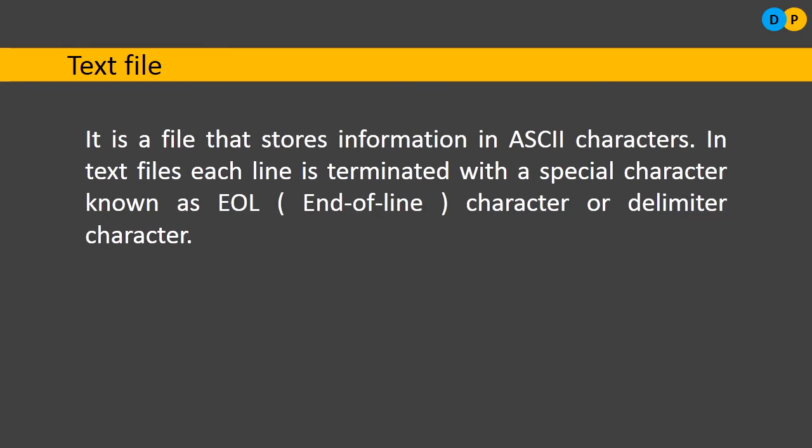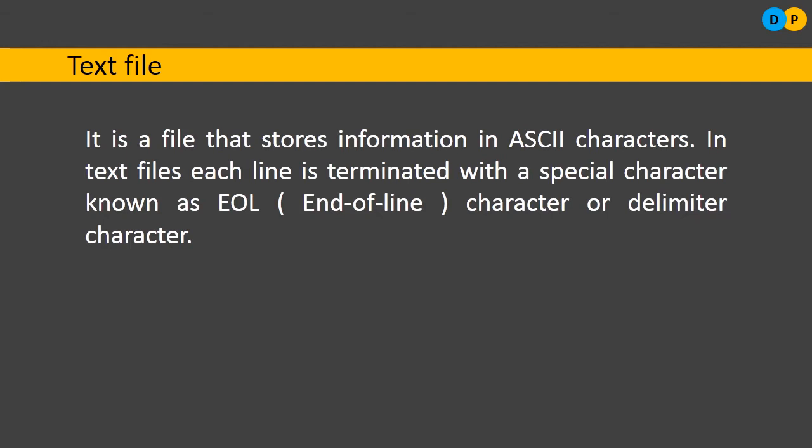So what is a text file? It is a file that stores information in ASCII characters first of all, and here in the text file each line is terminated by an end of line character and the entire file is terminated by the end of file character.